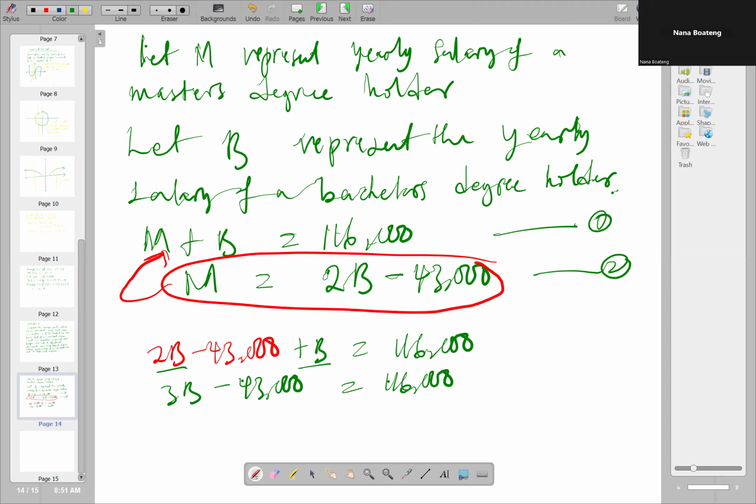If we add 43,000 on both sides, then we have 3B is equal to 116,000 plus 43,000, which gives us 159,000.